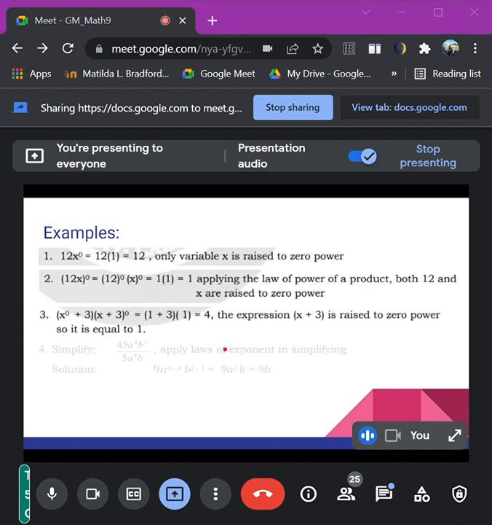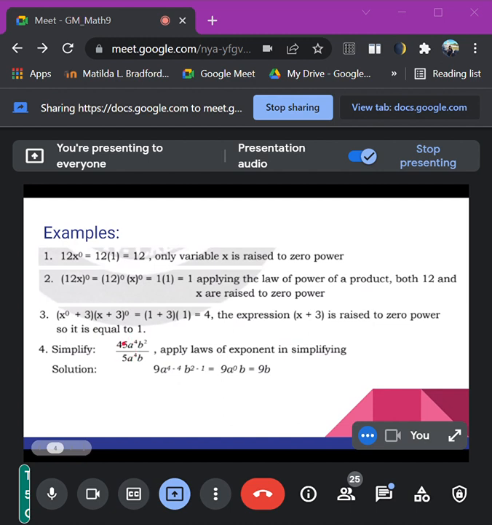Now for number 4, we're going to simplify this. You have there 45a raised to 4 and b raised to 2 over 5a raised to 4 and b. So which law of exponent will we apply here, class?